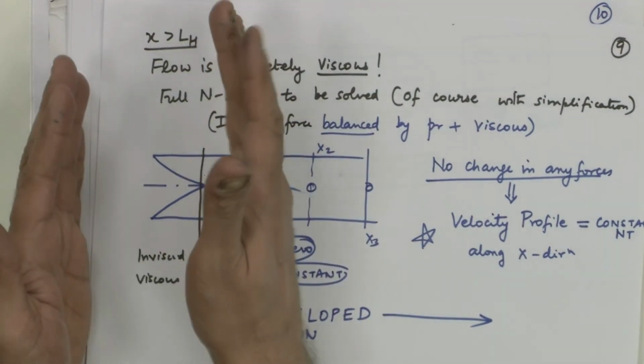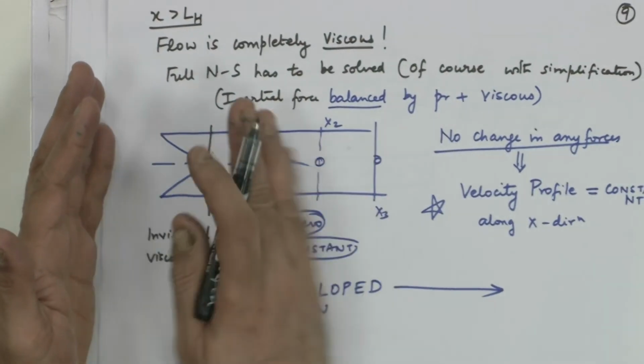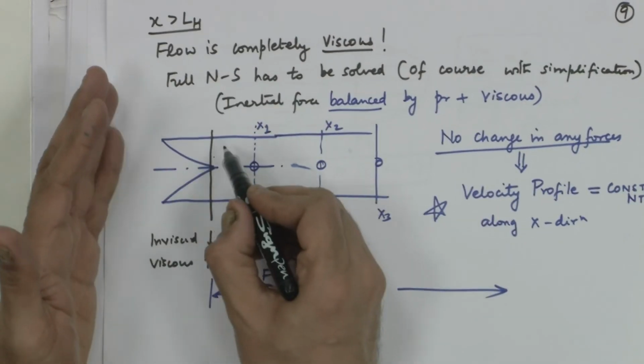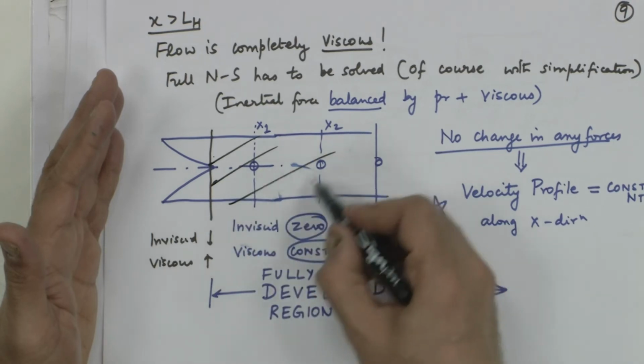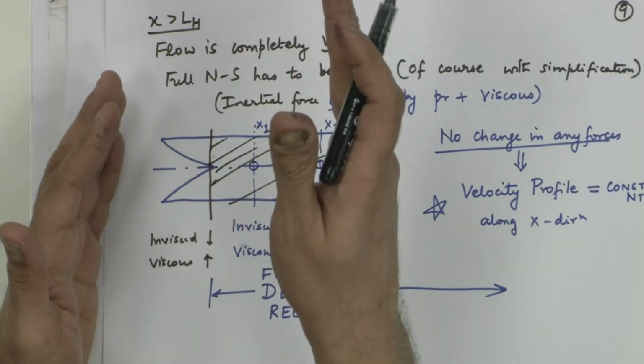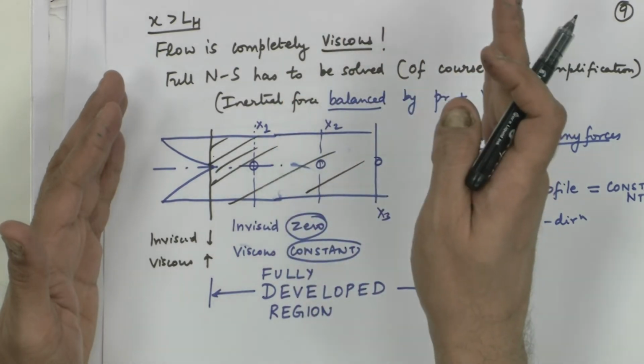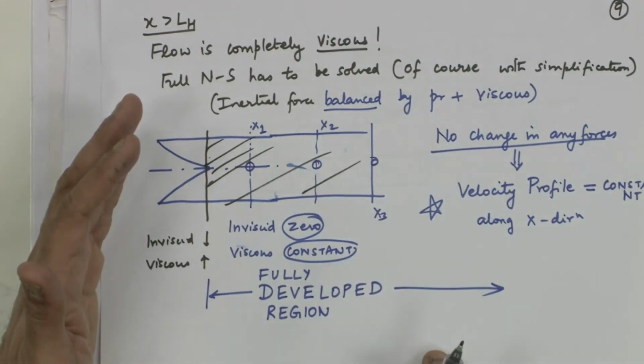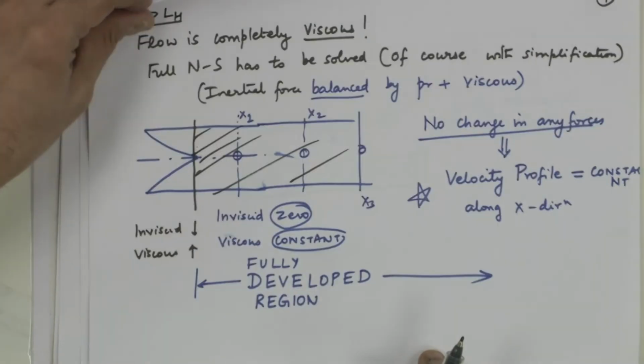There is no preference to anything here, you just have the flow completely viscous here. So, whatever was the characteristics at x1 would be the same as the flow characteristics at x2 and x3. So, the gradient of the velocity profile does not change, which means the velocity profile does not change.